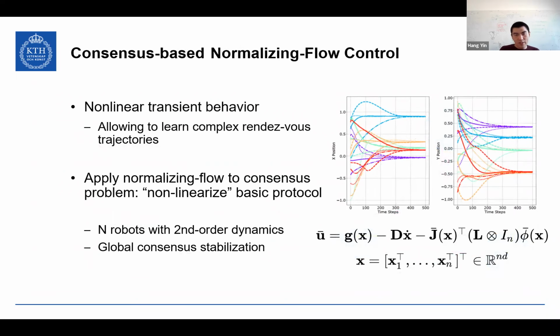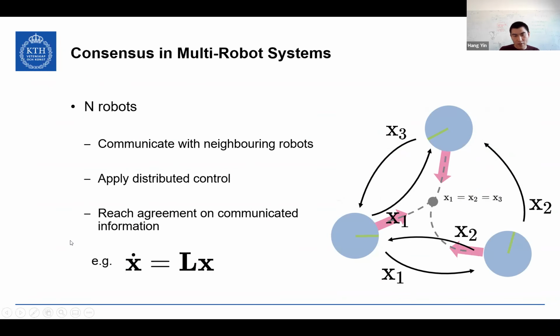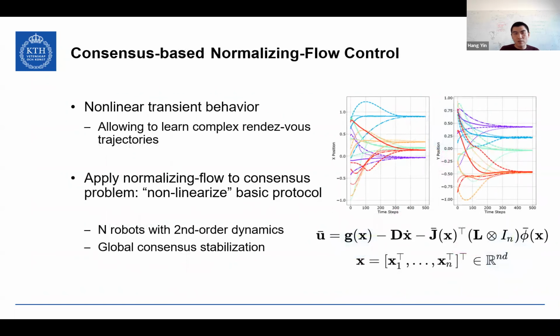So here, we have some kind of linear system like this. And that means we can play the trick again: apply this normalizing flow neural network to do a change of coordinates and see if we can get some nonlinear behavior. It means we can achieve more interesting relative motions. And this is true.